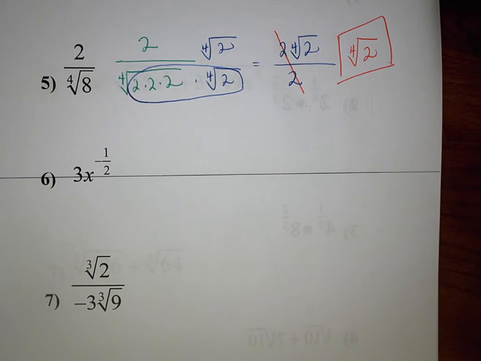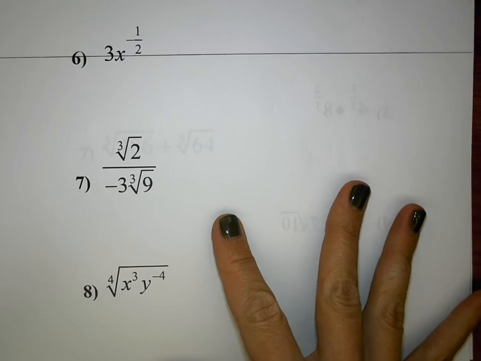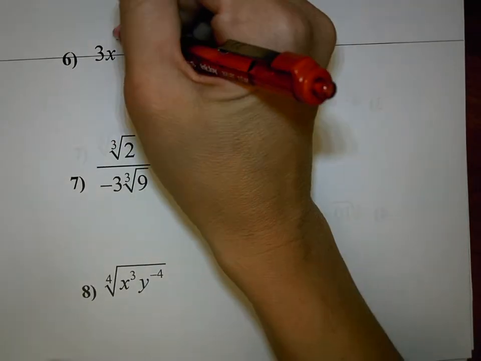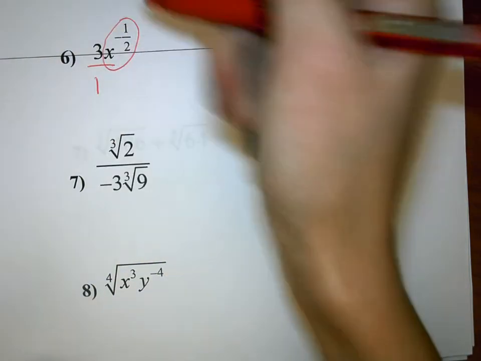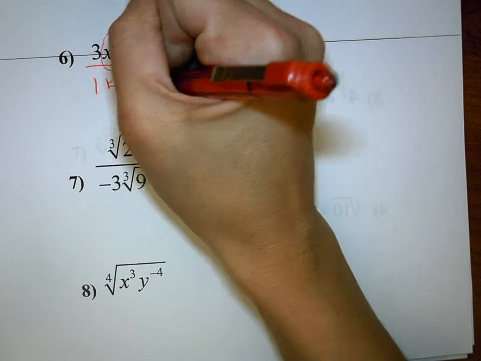Any questions? All right, example 6. What do I do with this? Put this over a 1, and then we have to get rid of this negative exponent, which comes to the bottom.